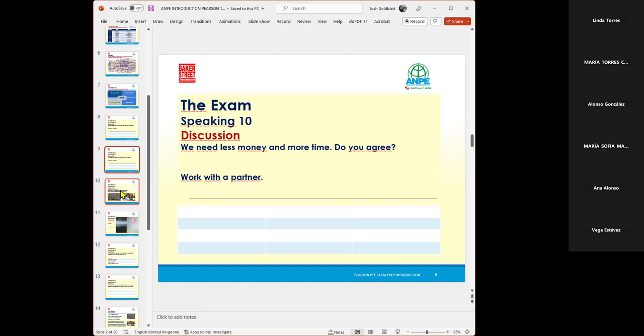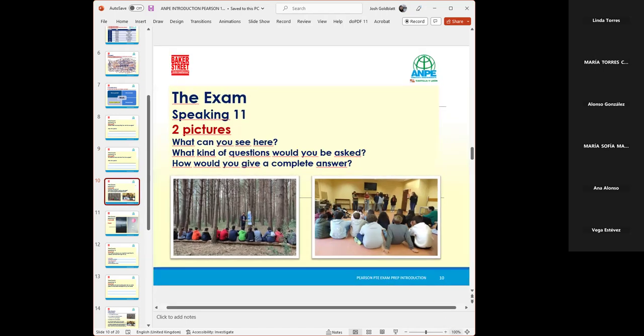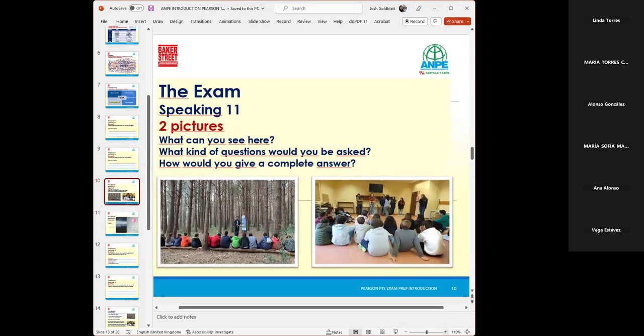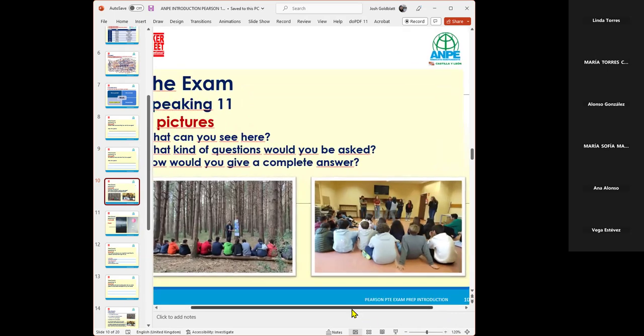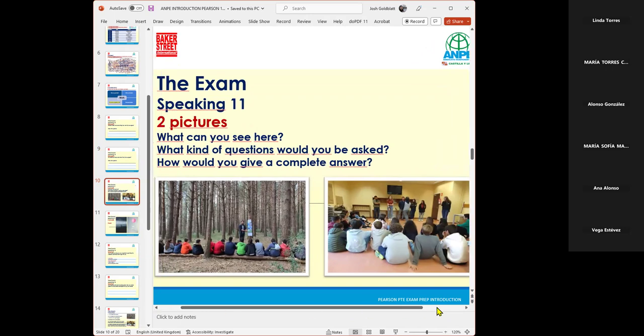That's the best example. Now, the second question, which is question 11, is also 2 minutes. Okay? And you've got two pictures. Look at the two pictures and tell me, number one, what can you see in the two pictures?